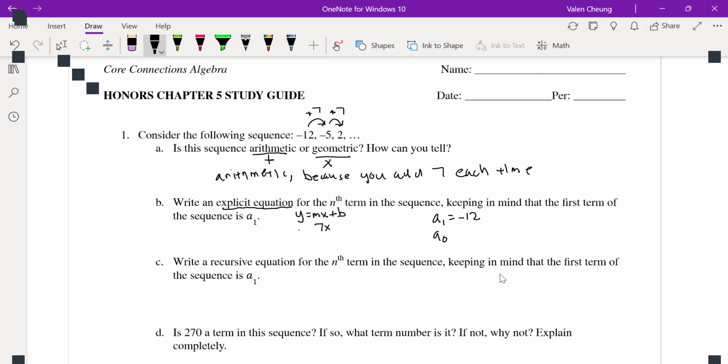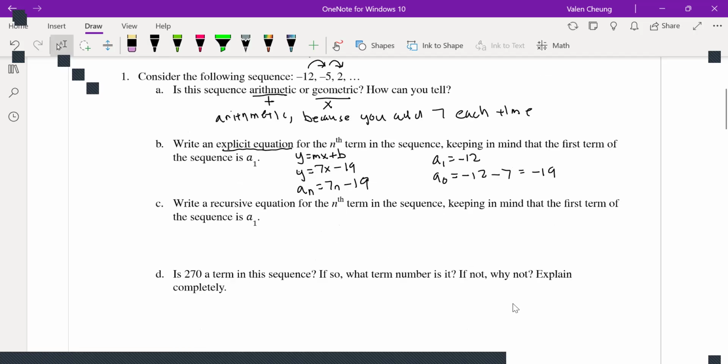So if we want to go backwards, instead of adding 7, we need to subtract 7, and that gives us -19. 7x minus 19, and then just replace it with a sub n equals 7 times n minus 19. That's your explicit equation.